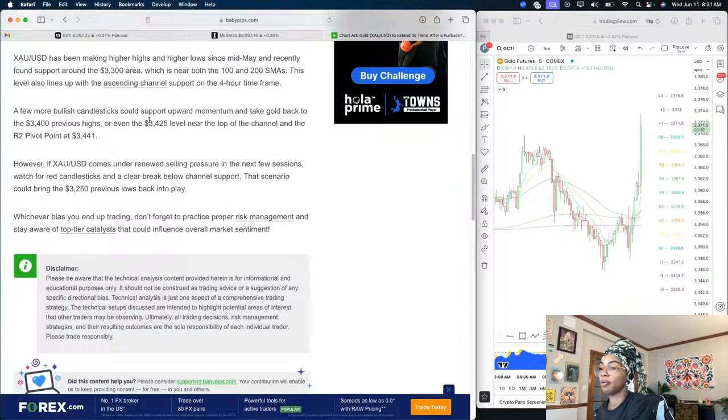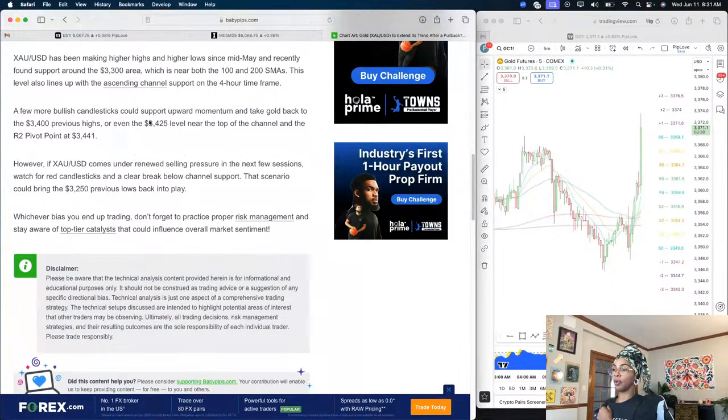A few more bullish candles could support upward momentum and take gold back to the 3,400 previous high, or even the 3,425 level near the top of the channel and the R2 pivotal point at 3,441.